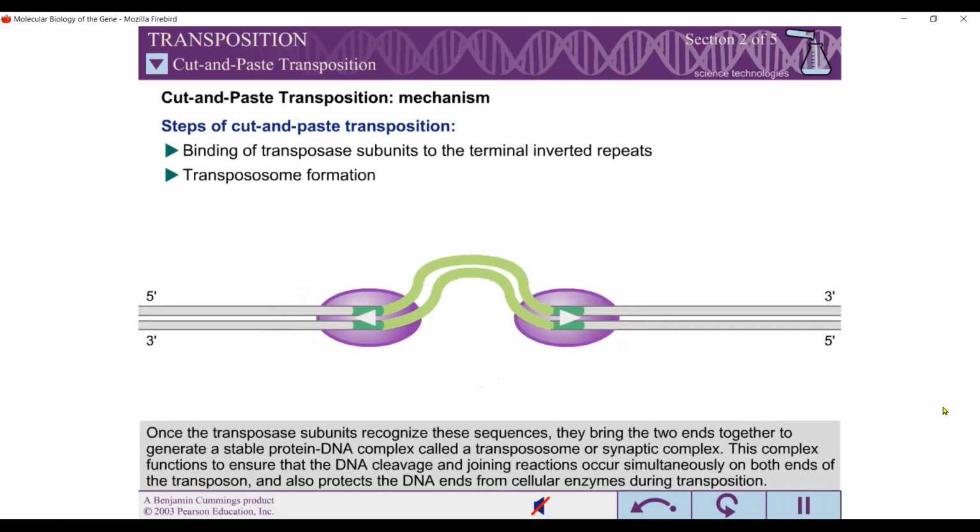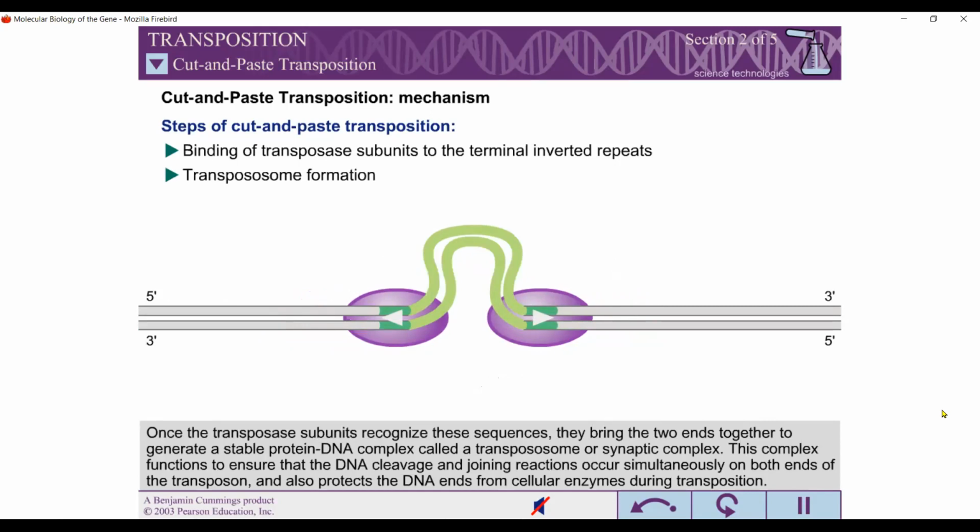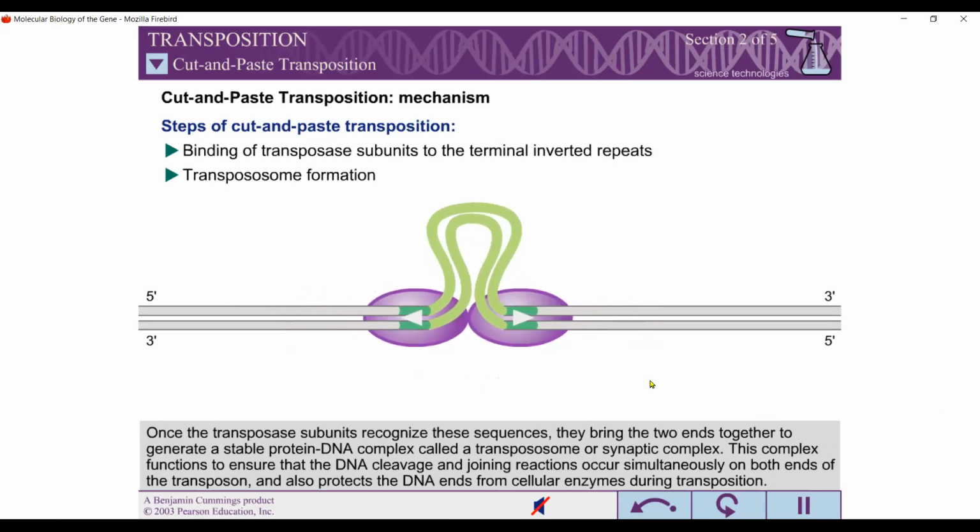Next, once the transposase subunits recognize these sequences, they bring the two ends together to generate a stable protein-DNA complex known as the transpososome or synaptic complex. This complex ensures that DNA cleavage, because the DNA has to be cut, and joining reactions occur simultaneously on both ends of the DNA transposon.